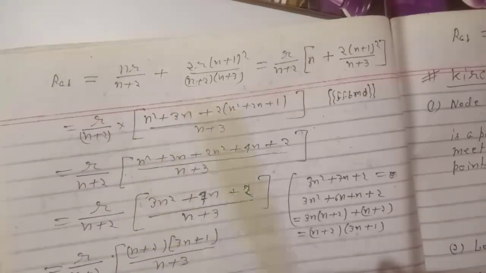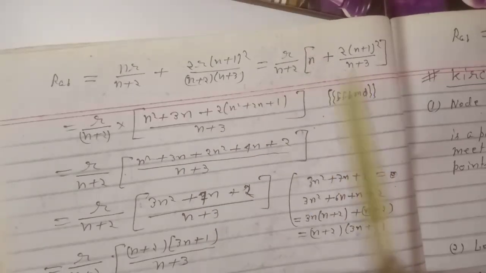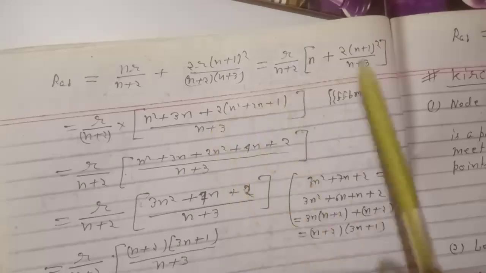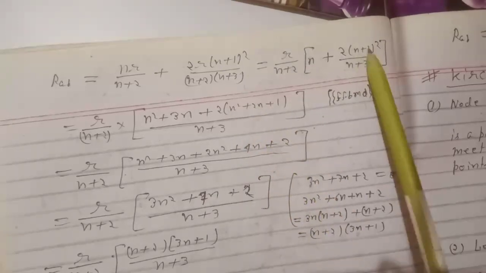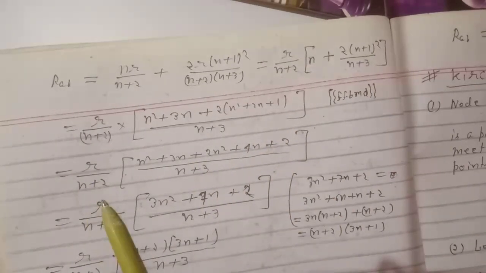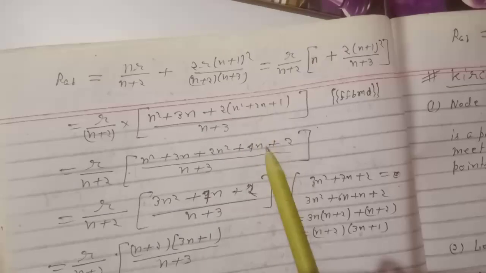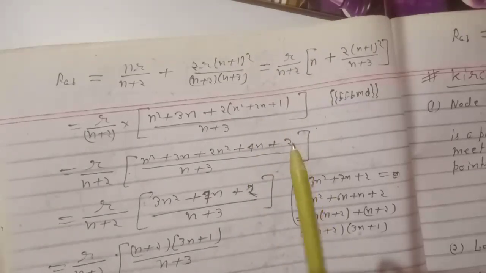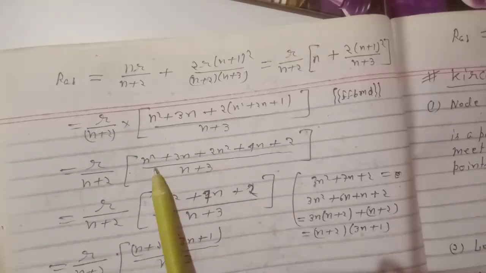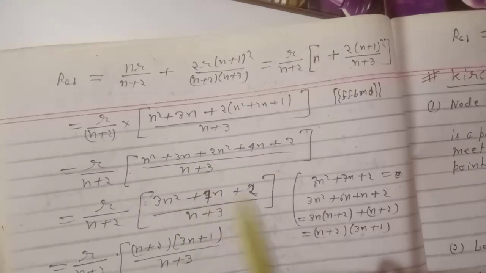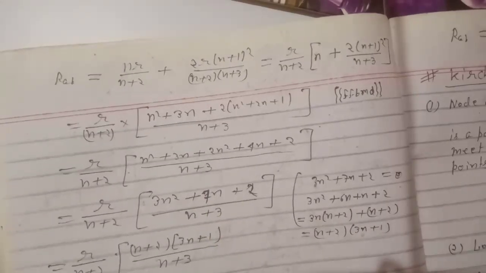Solving, this is N square plus 3N plus 2N square plus 4N plus 2, giving R by (N plus 2) into (3N square plus 7N plus 2) by (N plus 3), and now this value can be solved like this.